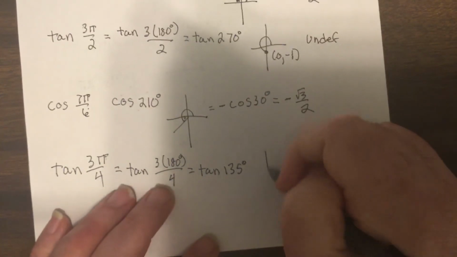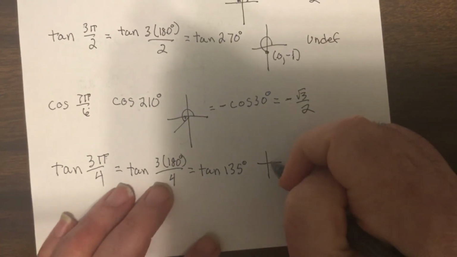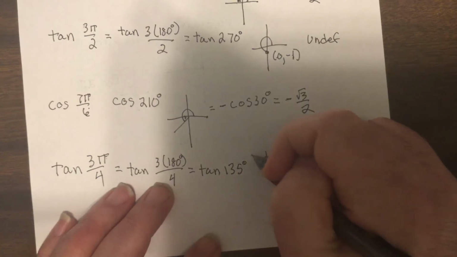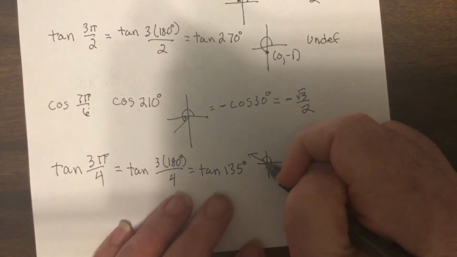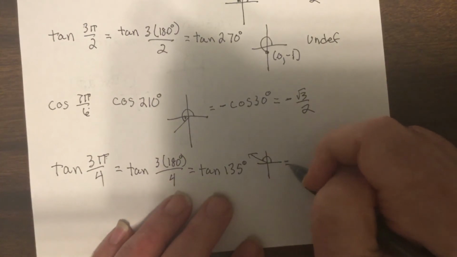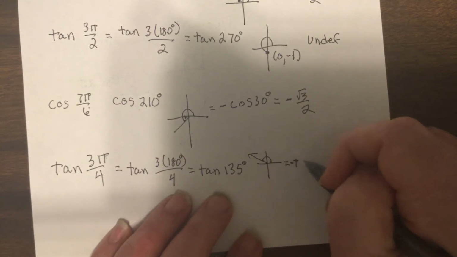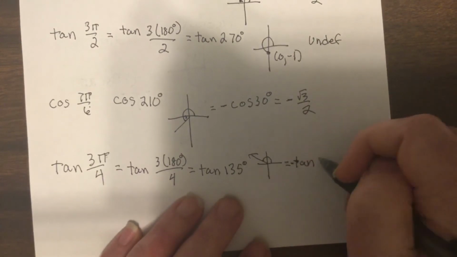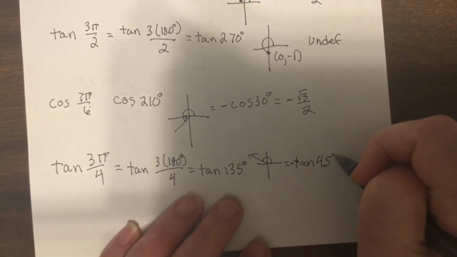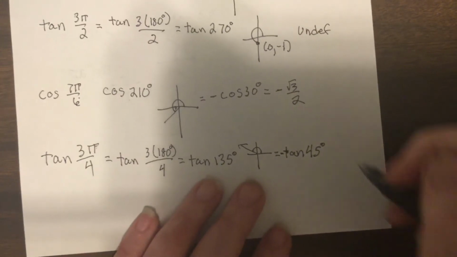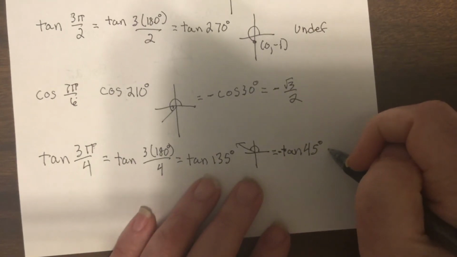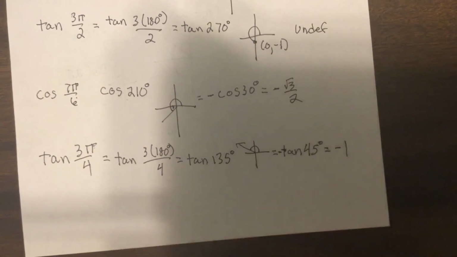So again, reference angle. That'd be in the second quadrant. Tangent's negative in the second quadrant. And the reference angle is 45. And most people have it memorized. Tangent of 45 is 1. So the answer is negative 1.